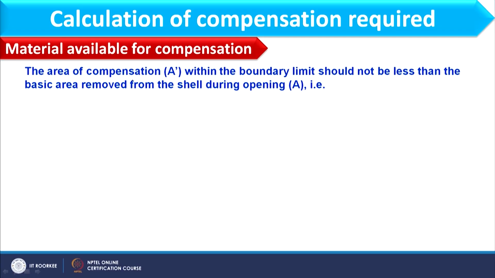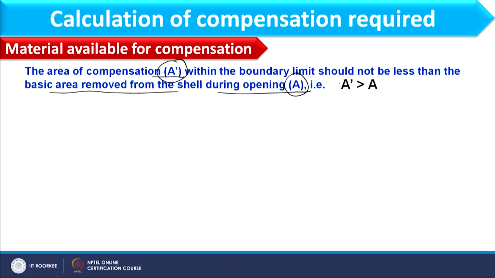The material available for compensation is the area of compensation, that is A dash, within the boundary limit, which should not be less than the basic area removed from the shell during the opening. It means A is the area which needs to be compensated, and A dash is the area of additional material available for compensation.